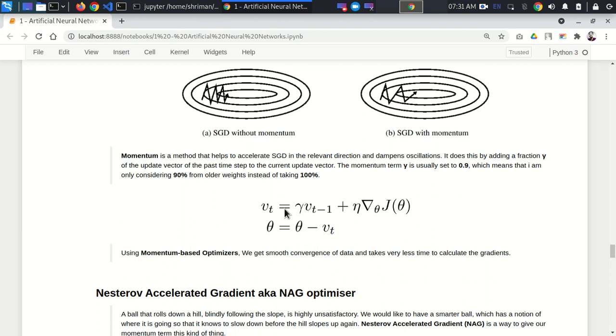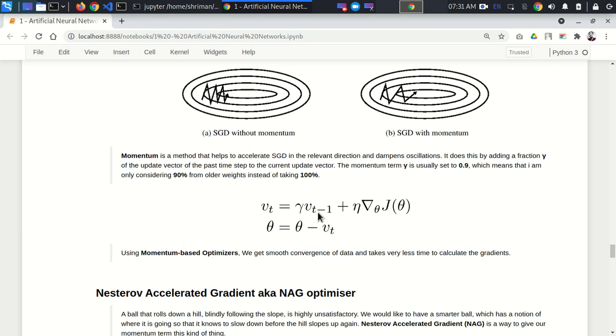So Vt will be what? Vt will be gamma into V(t-1). See here, gamma into V of t minus 1. So t minus 1 means what? And this t means what? This t means the t-th iteration, or the current iteration.